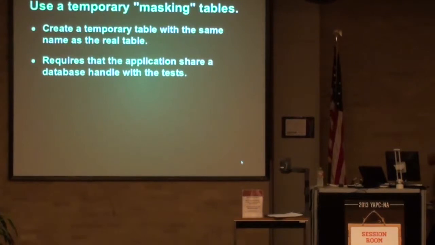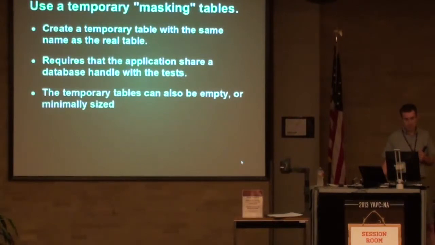Now, a lot of this depends on the next trick, because for this to work, your application has to share the same database handle as the test suite, otherwise it won't be seeing the same view of the table.